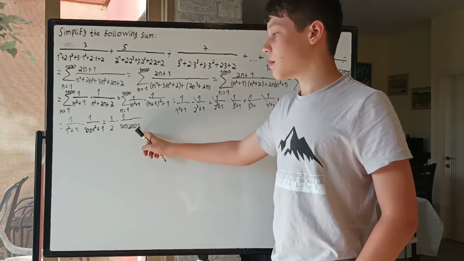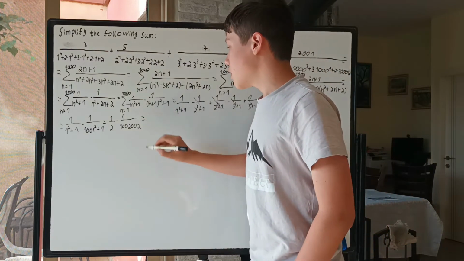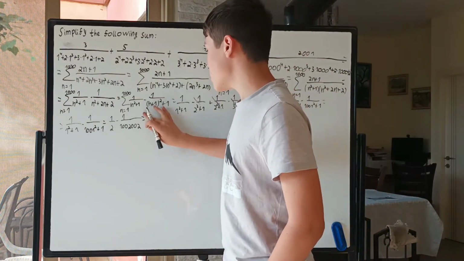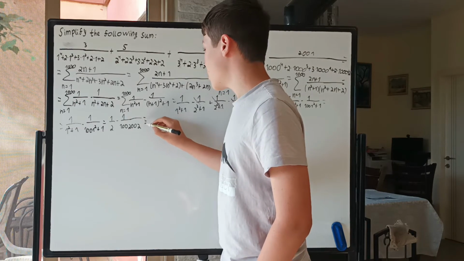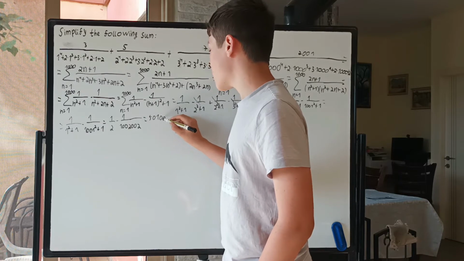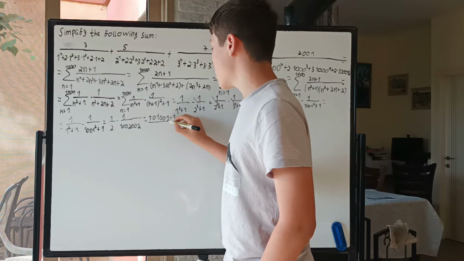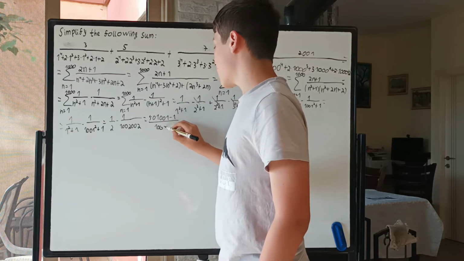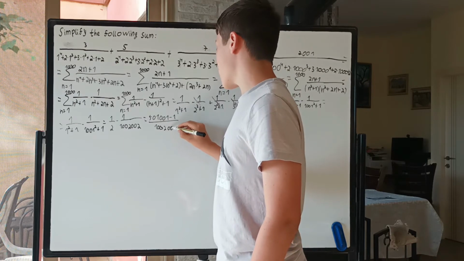Then after adding 1, it's going to be a 2 at the end. And then we're going to combine those fractions. So this is going to be 501,000,1 minus 1 divided by 1,002,002.